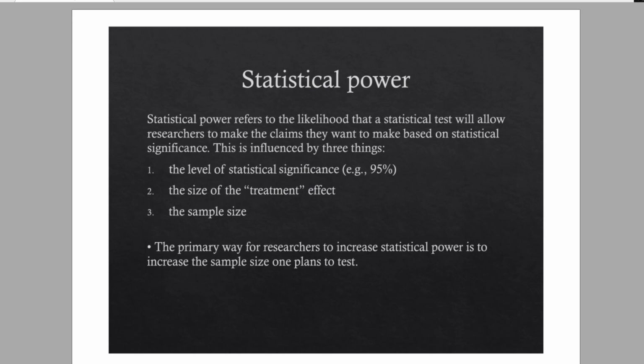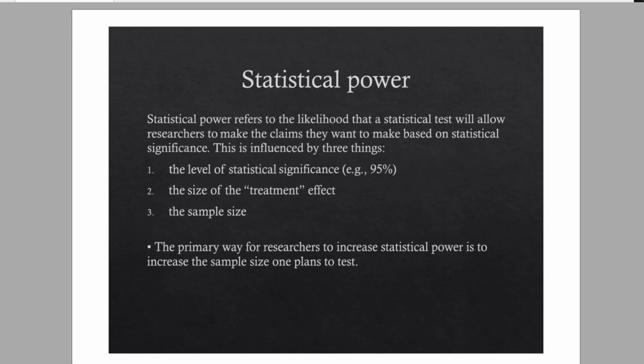So statistical power refers to the likelihood that a statistical test will allow researchers to make the claims that they want to make based on statistical significance. And that's influenced by three things. The level that you've chosen for your statistical significance. Again, we don't really mess around with that. It's 95%. That stays pretty fixed. The size of the treatment effect, so the effect size.